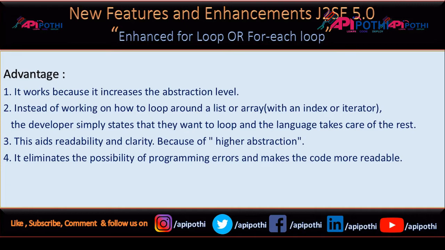And it eliminates programming errors. Suppose you forgot to initialize a variable, or forgot to put a less than or greater than sign. These are things we don't have to care about, you just leave it to the system. Developers should not have to care, the JDK or JVM will take care of this. So this is the basic advantage of the enhanced for loop.